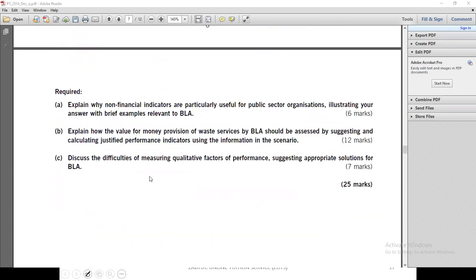Discuss the difficulties of measuring qualitative factors of performance. This question has been repeated. Qualitative factors of performance. We identified the problems, that yes, there are problems, and also identified some possible solutions.